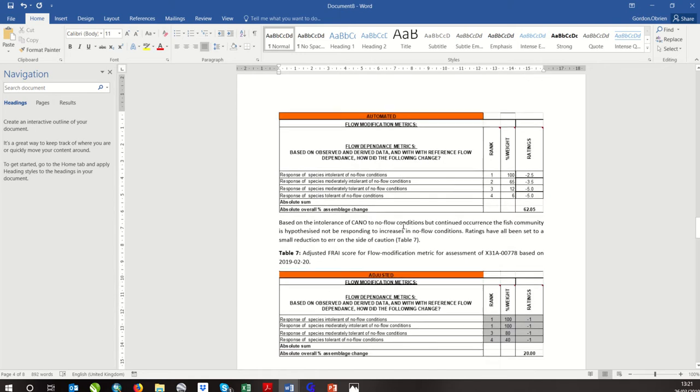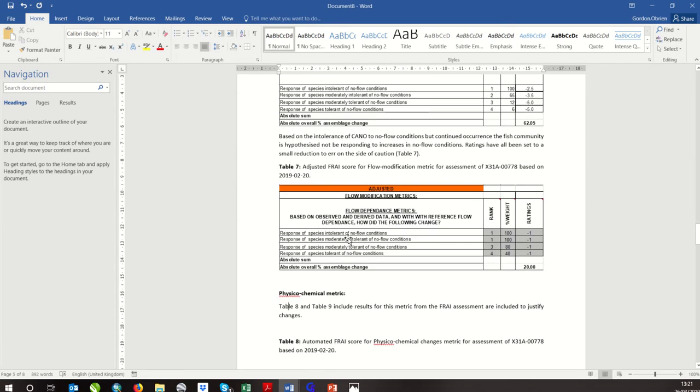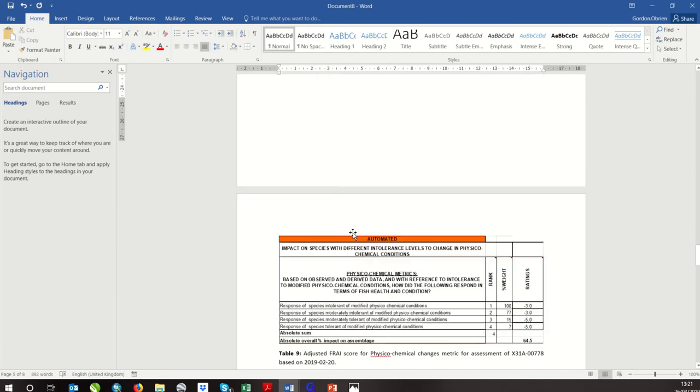The question is, are the species responding to changes in water quality?